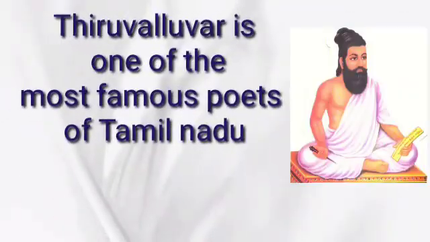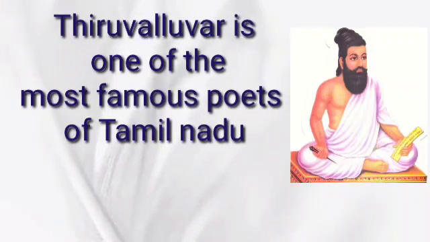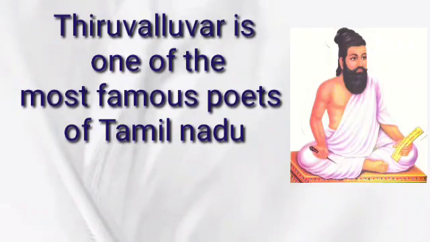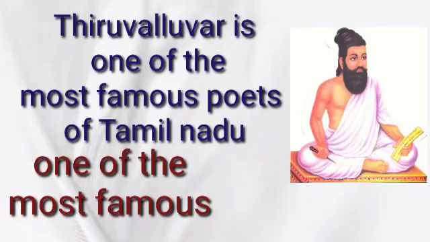Next example: Thiruvalluvar is one of the famous poets of Tamil Nadu. Here the adjective is given in superlative form with the specific phrase, one of the most famous poets of Tamil Nadu.